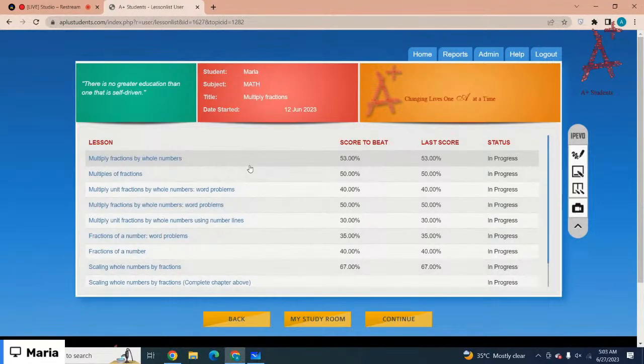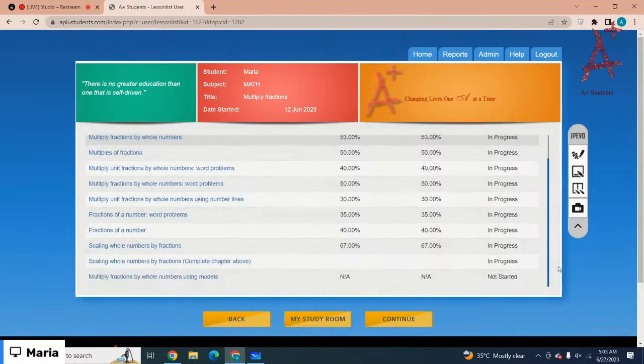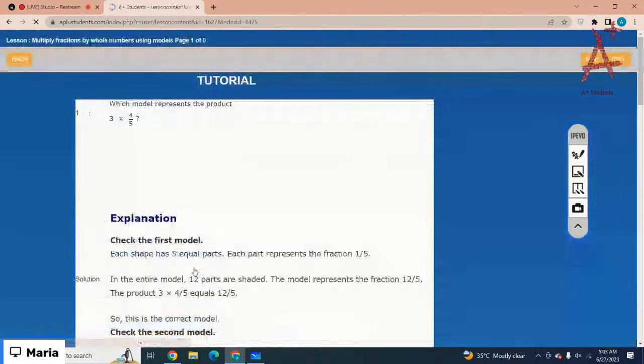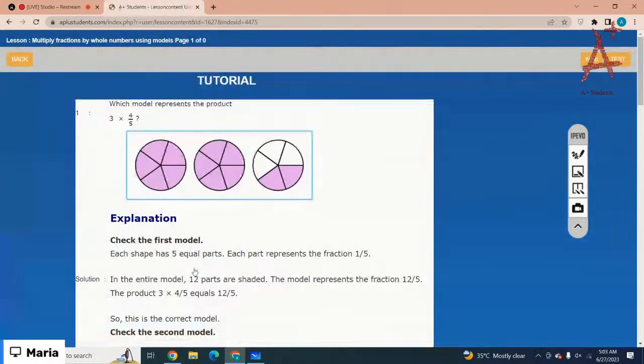Okay, here I'm on the chapter multiply fractions. The lesson is multiply fractions by whole numbers using models. Which model represents the product 3 times 4 by 5?